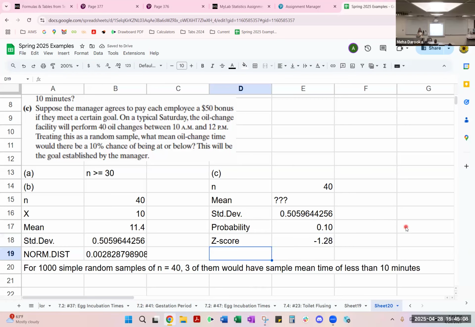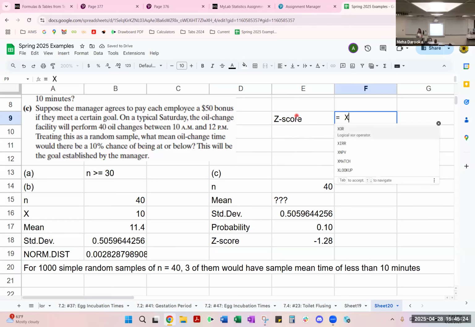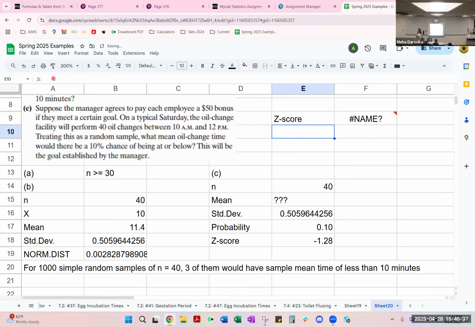Okay, so what do we do after we find the z-score? How do we find the mean? The z-score is defined as x minus the mean divided by the standard deviation.